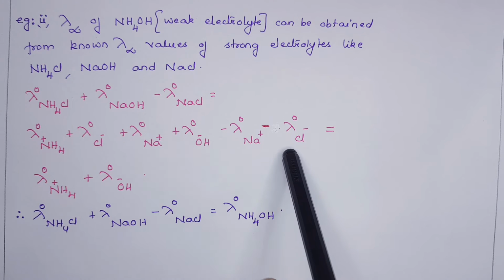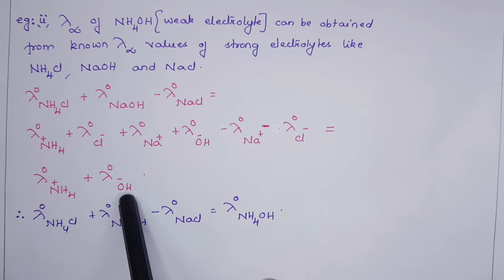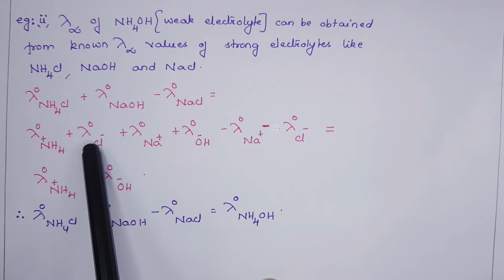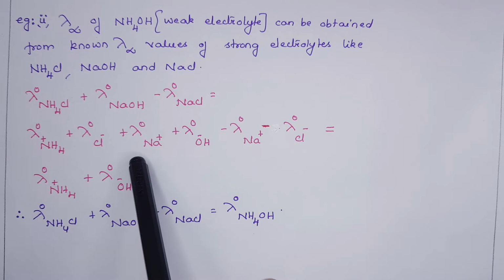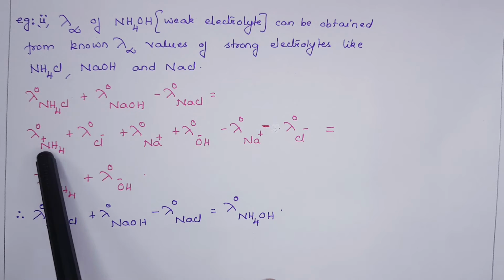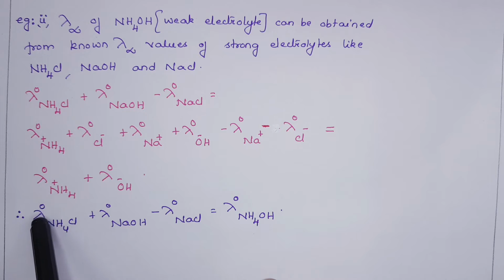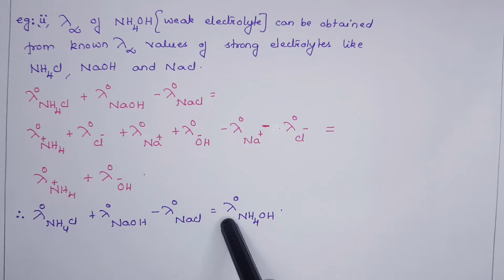After writing this, what remains, students? Lambda naught NH4 plus lambda naught OH minus. The plus lambda naught Cl minus and minus lambda naught Cl minus get cancelled. Plus lambda naught Na plus and minus lambda naught Na plus get cancelled. So this and this remain. Therefore, concluding, lambda naught NH4Cl plus lambda naught NaOH minus lambda naught NaCl is equal to lambda naught NH4OH.